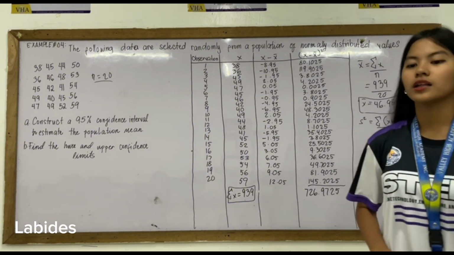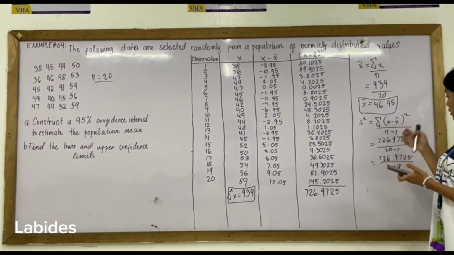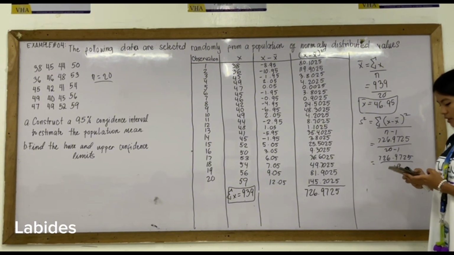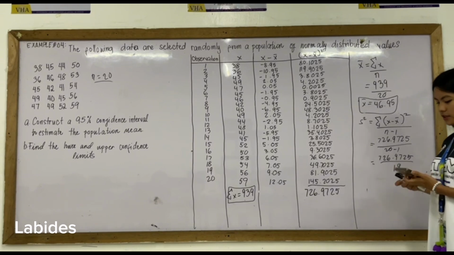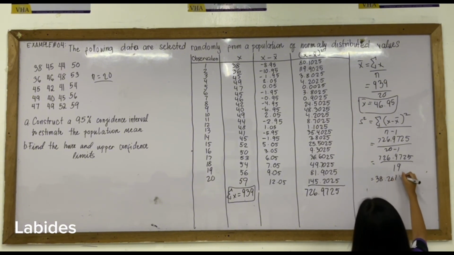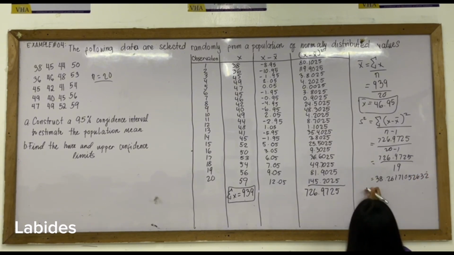So using our calculator, 726.975 divided by 19 is 38.261..., and we're gonna round that.